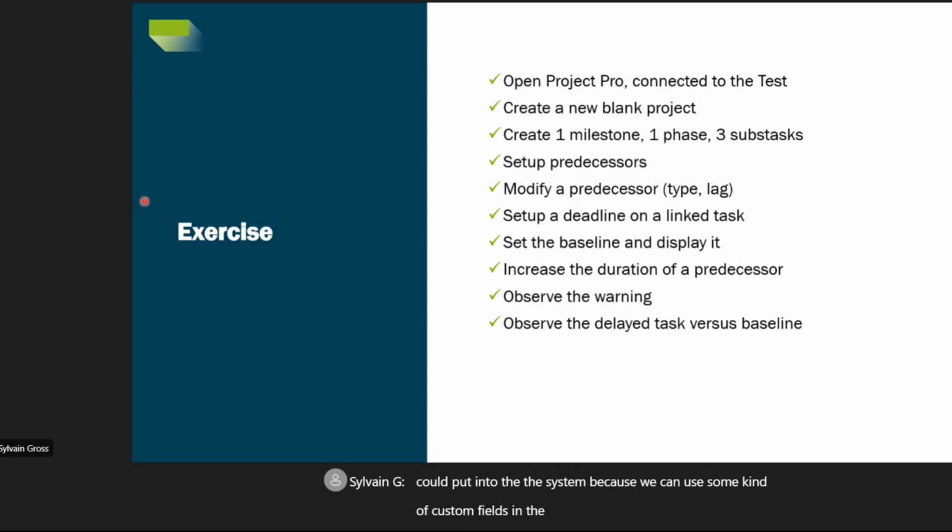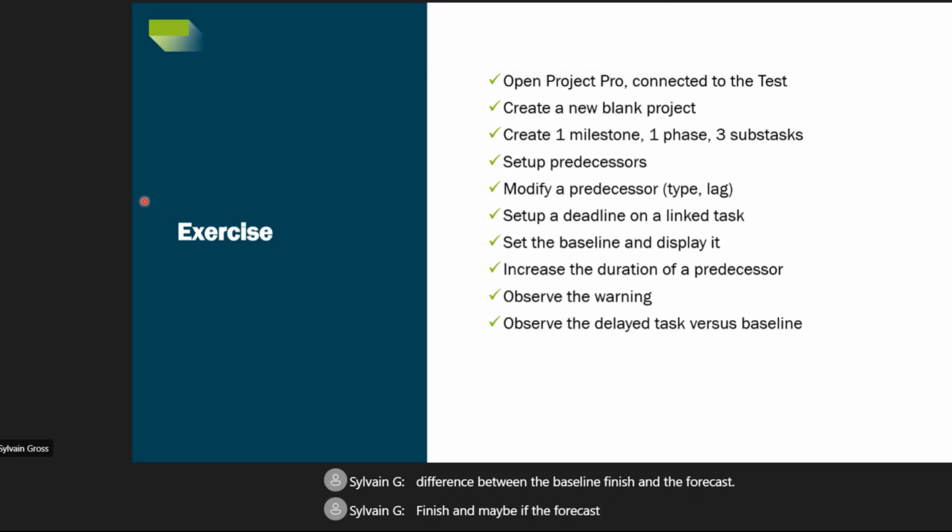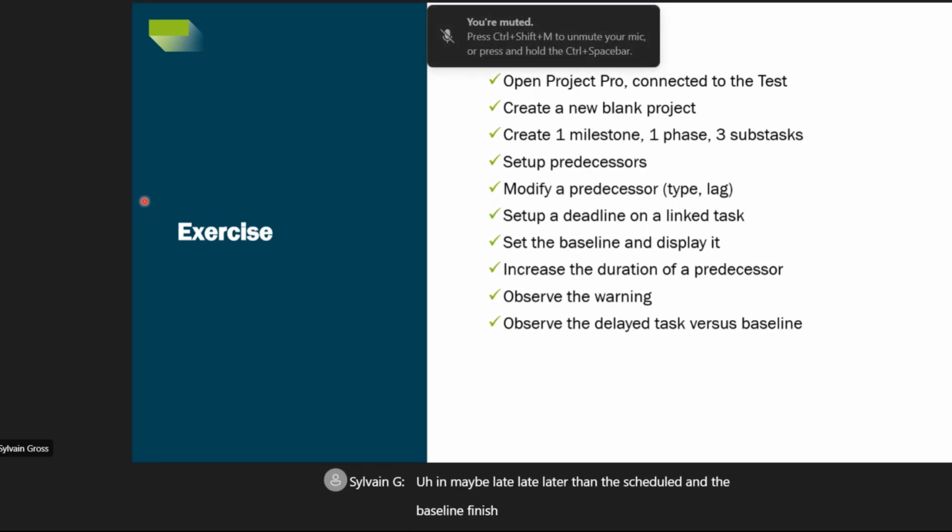Why not create a custom field which says, please show me the difference between the baseline finish and the forecast finish. And maybe if the forecast date is later than the baseline finish, we could display an alert. It's also possible to do.